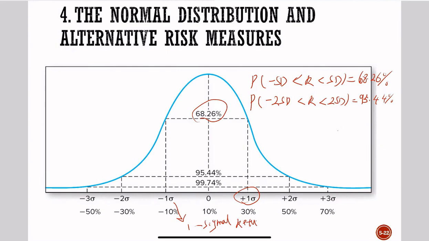And you can see why, right? Because here sigma refers to the standard deviation. So this is essentially the minus 1 standard deviation return. And this is the 2 sigma return. And this is the 3 sigma return.